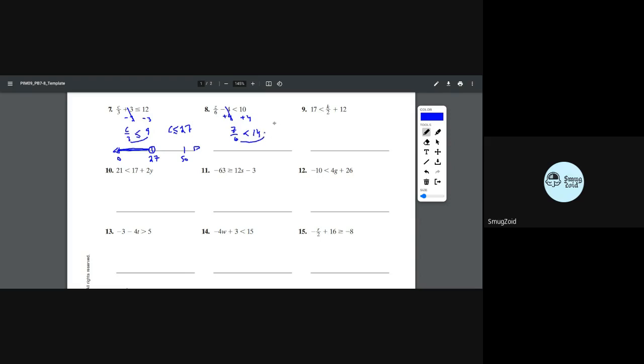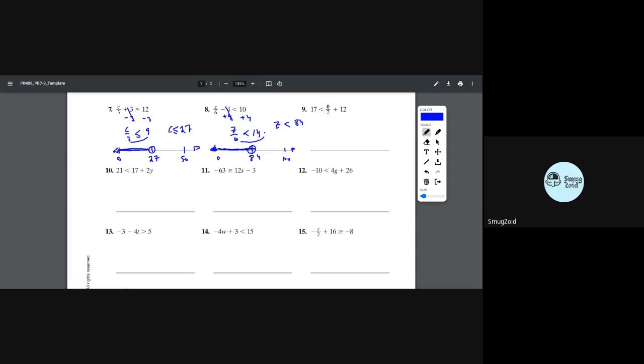My answer is going to be z is less than 84. Works for me. I put 84 here. I can put 100 up here, put 0 down here, draw my line. Well, it's just an open circle, so the rest of it will work, right? Boom.